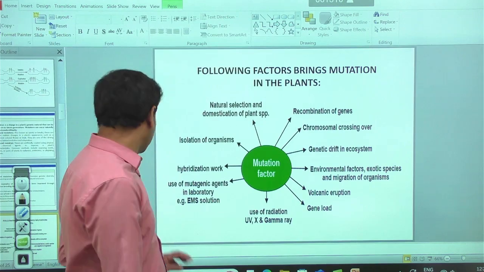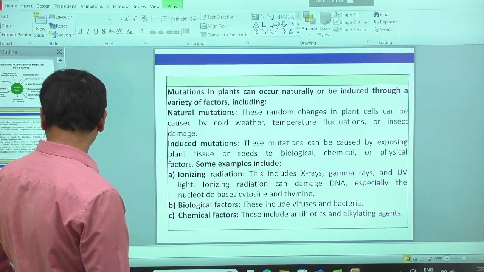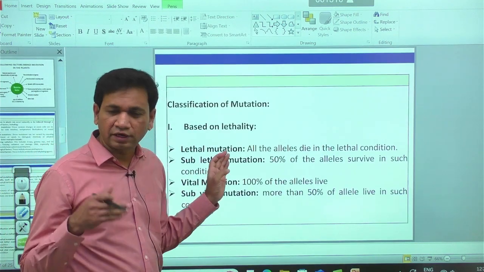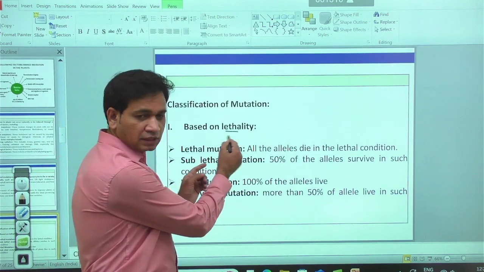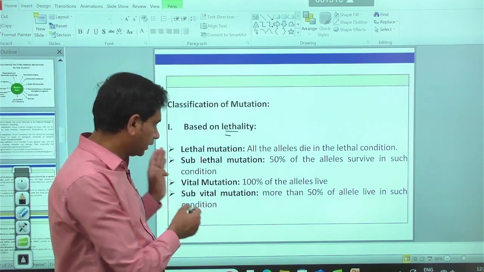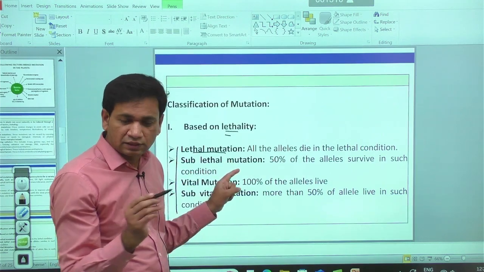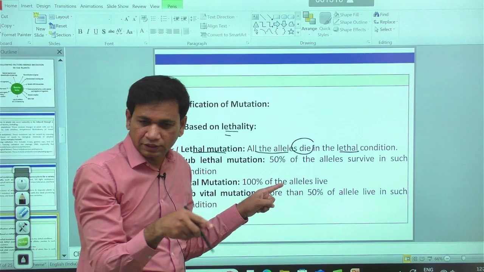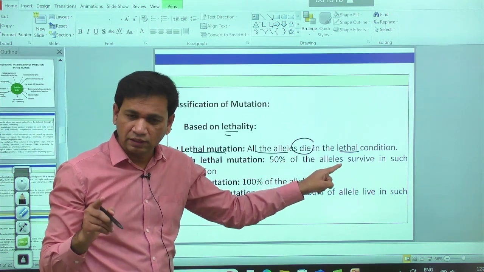See, within the classification there are different criteria for the types of mutation. Based on lethality, there are four types of mutation. One is lethal, meaning all the alleles die in the lethal condition, 100% of alleles die.